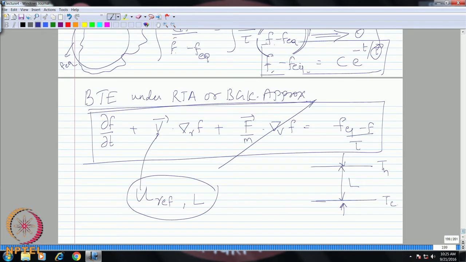You do not have to non-dimensionalize the distribution function. Distribution function anyway, it is just a number density. You only non-dimensionalize the time, velocity and position.